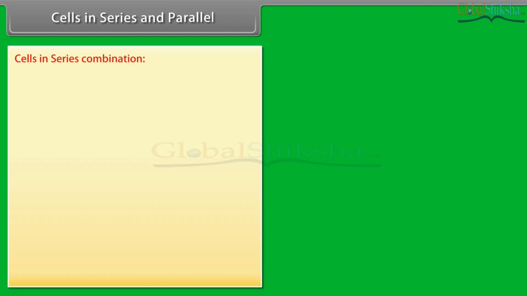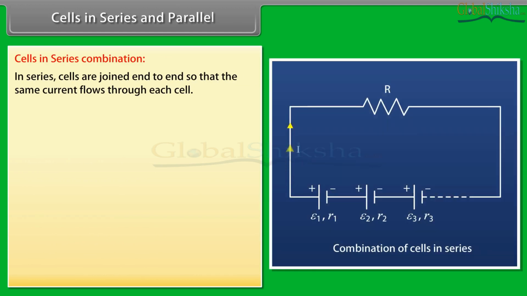Cells in series combination. In series, cells are joined end to end so that the same current flows through each cell. In ordinary series connection, the positive terminal of one cell is connected to the negative terminal of the second, the positive terminal of the second to the negative terminal of the third, and so on.